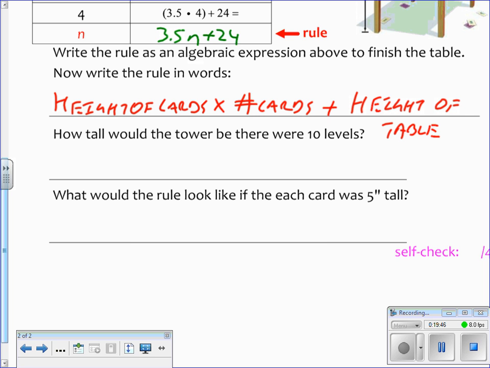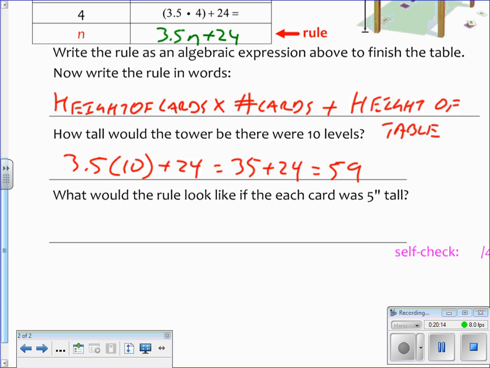How tall would the tower be if there were 10 levels? That would be 3.5 times 10 plus 24. Order of operations, do the multiplication first. 3.5 times 10, 35 plus 24, add those together, 59 inches. Okay.